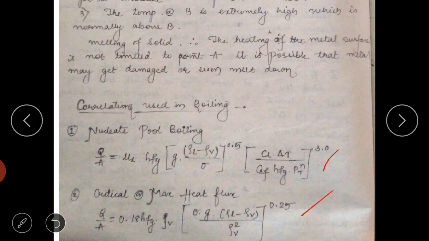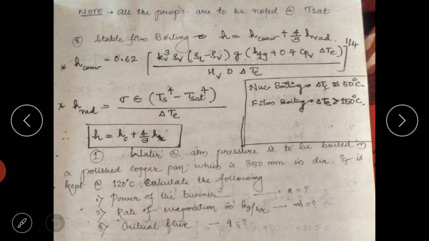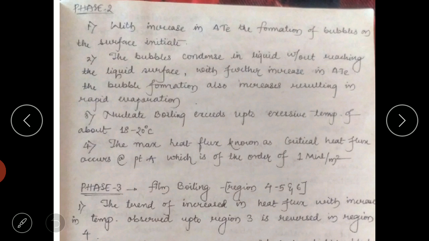So these formulas will be applicable for that zone. Then note, for formulas 1 and 2, all the properties are to be taken at Tsat.